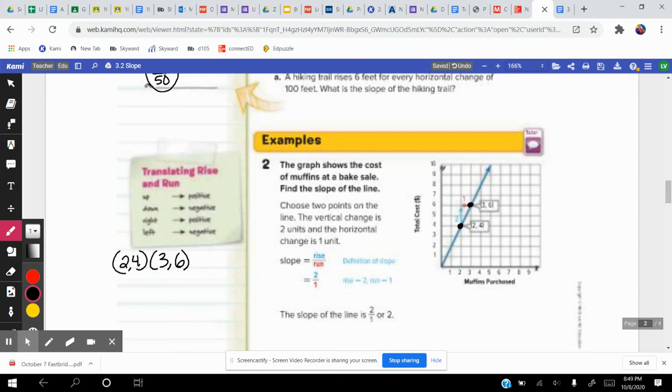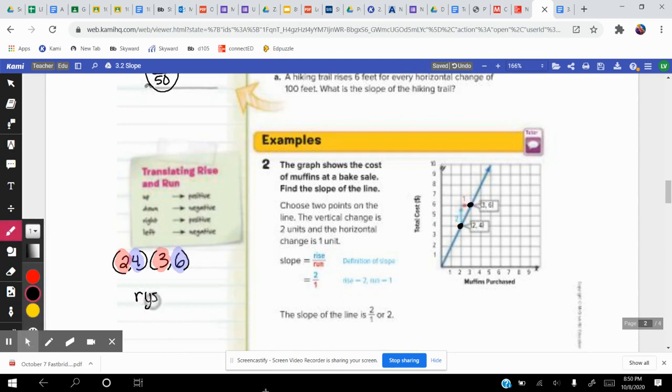The vertical change is 2 units, and the horizontal change is 1 unit. Well, to show the vertical and horizontal changes, I'm going to start by referring to my verticals, which is 4 and 6, and my horizontals, which is 2 and 3.